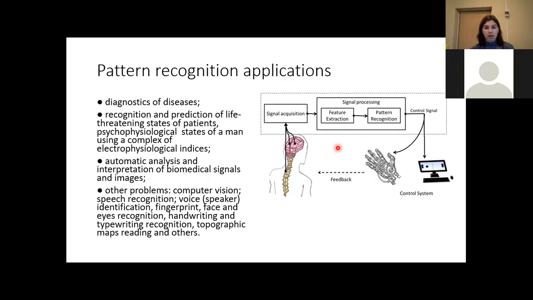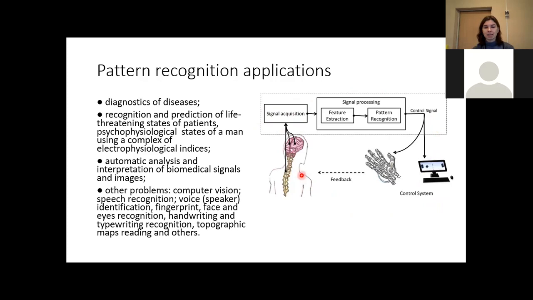This slide is just to remind you about our chain of processes. In our class we will discuss actually signal analysis and the results of signal analysis. The source of our information will be some electrophysiological signal.